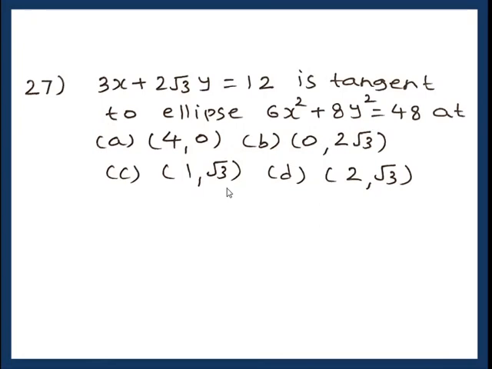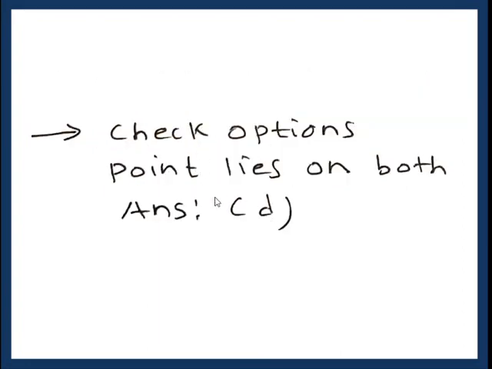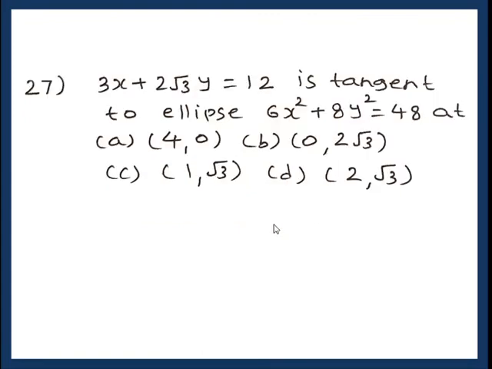So if a point lies on both tangent as well as ellipse, the coordinates should satisfy the equation. Is that clear? So check the options. See, check options, point lies on both. You will notice that correct option is D, that is the point 2 root 3 is the point of contact.